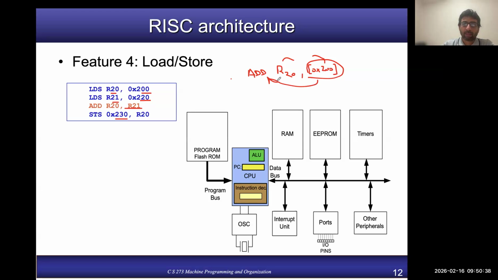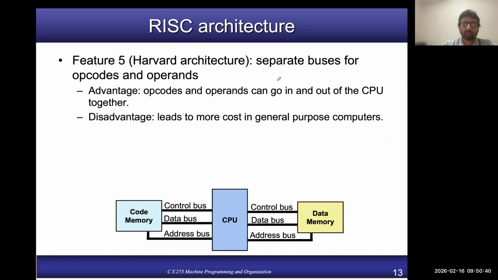The next feature about RISC architecture is that they follow the Harvard architecture principle, which we talked about in a previous slide. Harvard architecture means that you have separate buses for opcodes and operands.